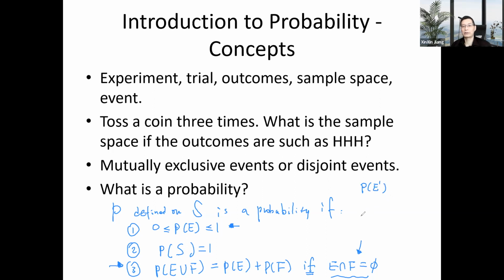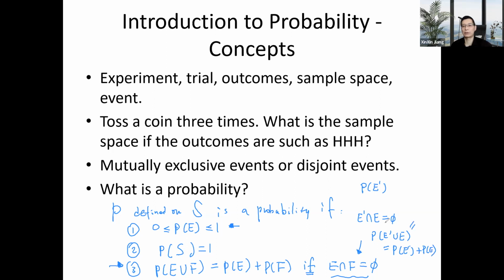We know E complement and E itself are mutually exclusive. So the probability of the union of these 2 sets will be the sum, by using the third axiom.